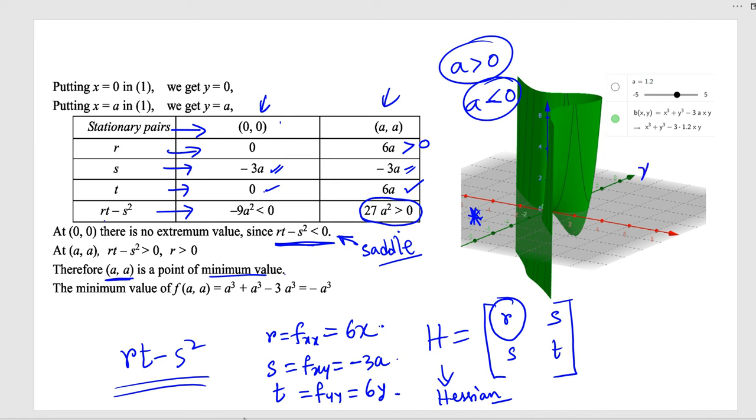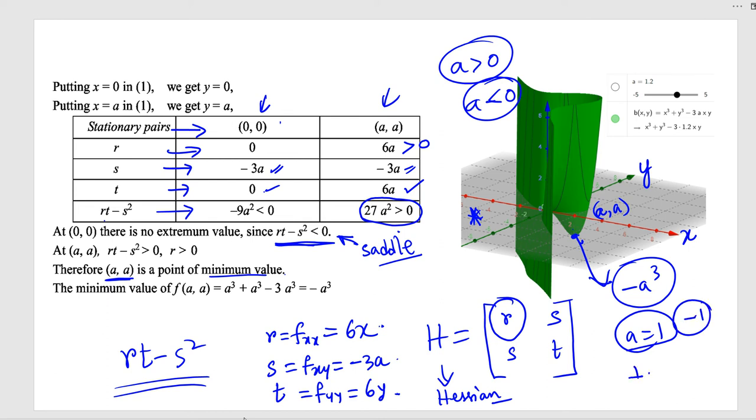If you look at it, this is the y direction, this is the x direction, and this particular point is (a, a). The value here is minus a cube. For a equals 1, the minimum value will be minus 1 at the point (1, 1), and at (2, 2) the minimum value will be minus 8, and this way you can find out.